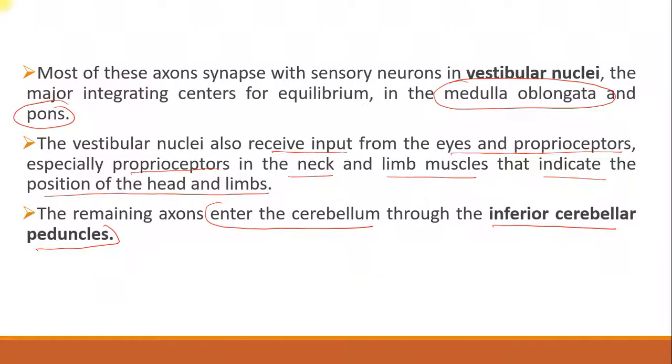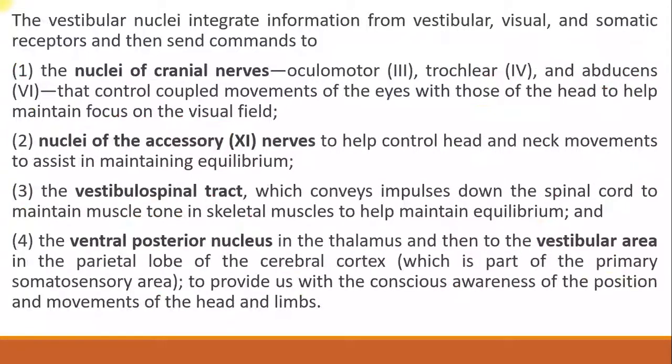Also, the remaining axons, which don't synapse in the vestibular nuclei, enter the cerebellum through the inferior cerebellar peduncles. The vestibular nuclei integrate information from vestibular, visual and somatic receptors, and then send commands. The vestibular part is related to the inner ear.